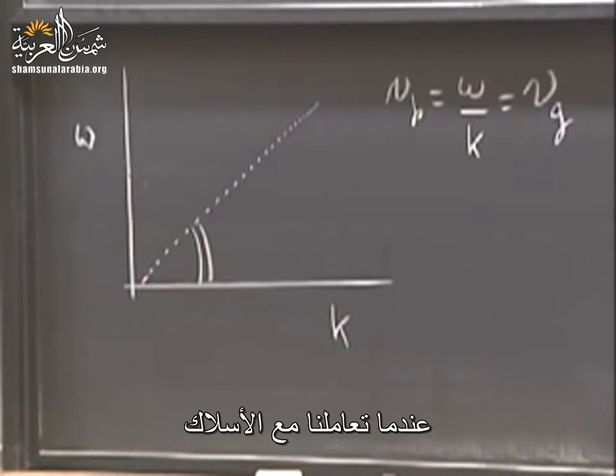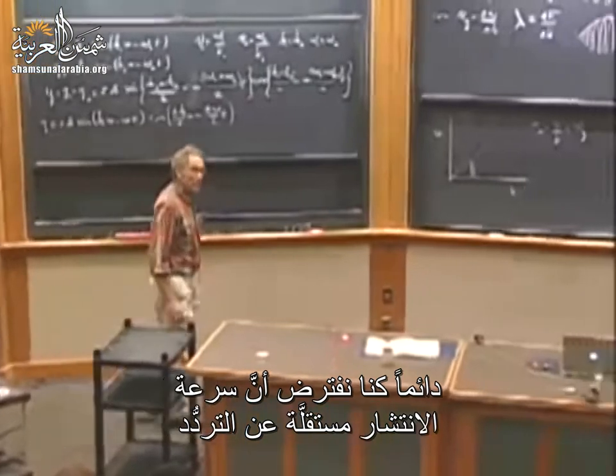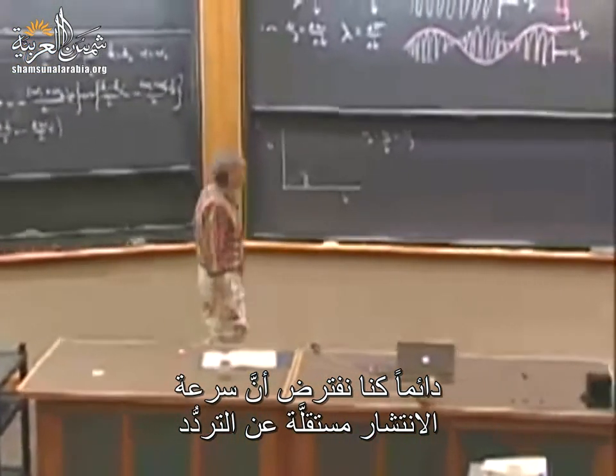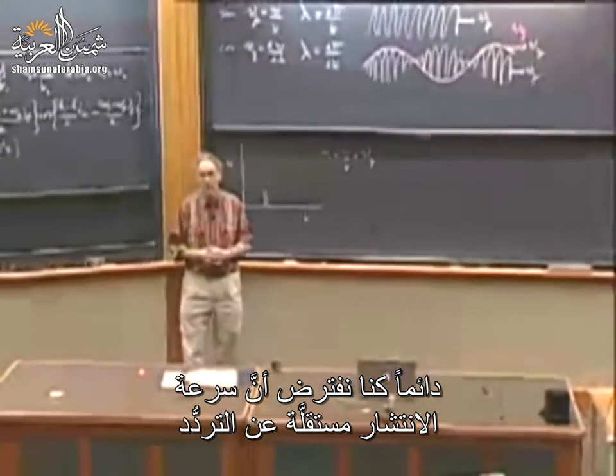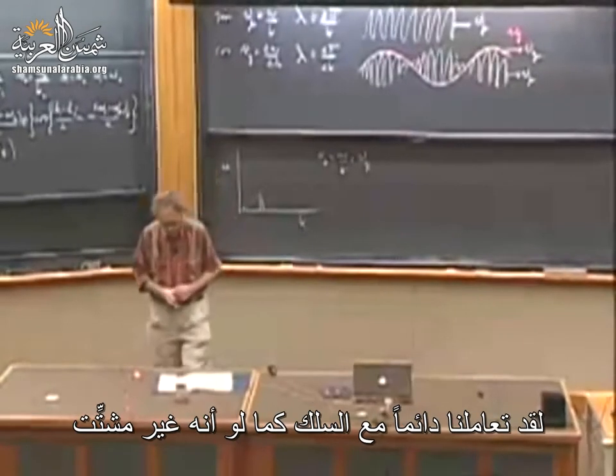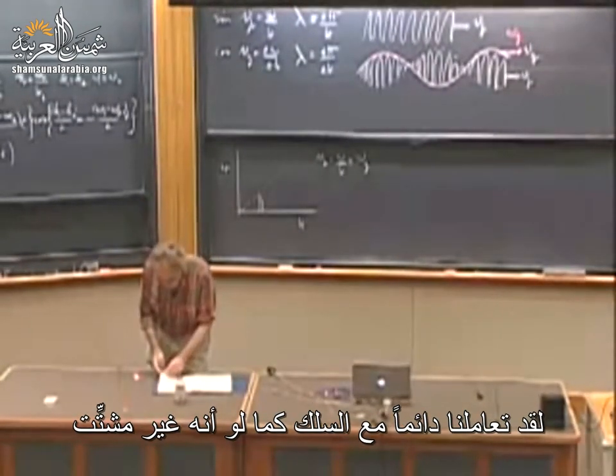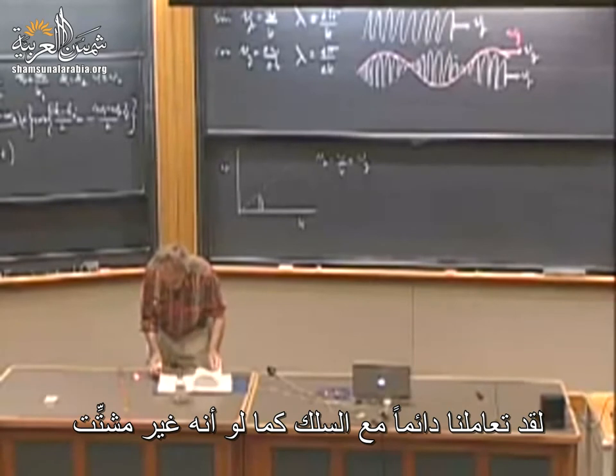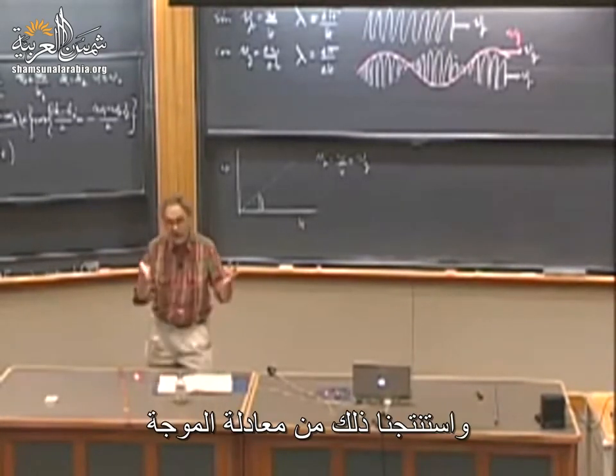When we dealt with strings so far, we always made the assumption that the speed of propagation was independent of frequency, and so we always treated strings as if they were non-dispersive. And we derived that from the wave equation.